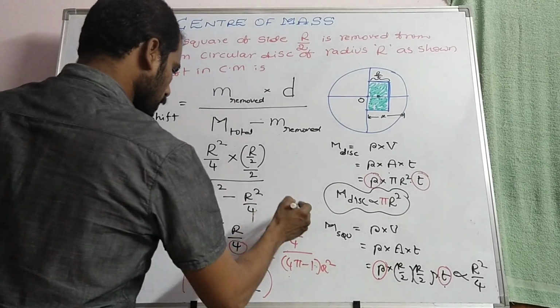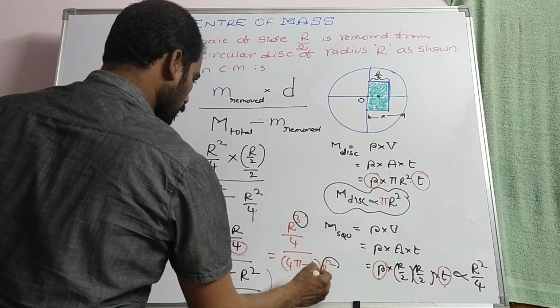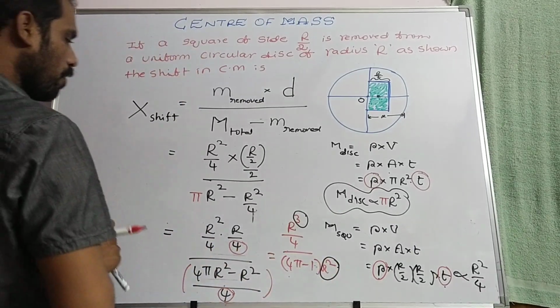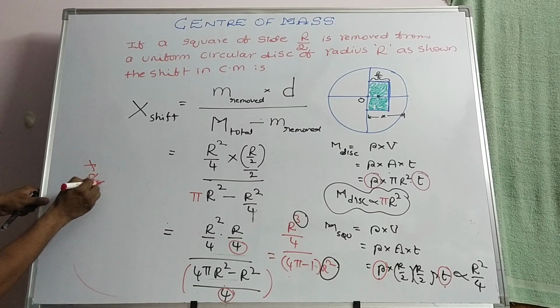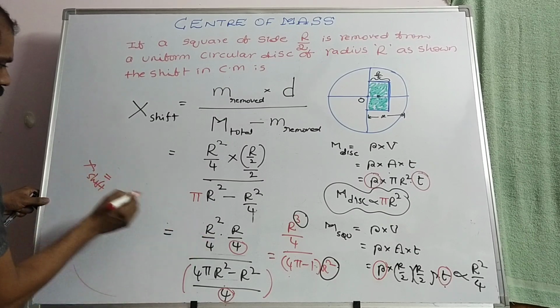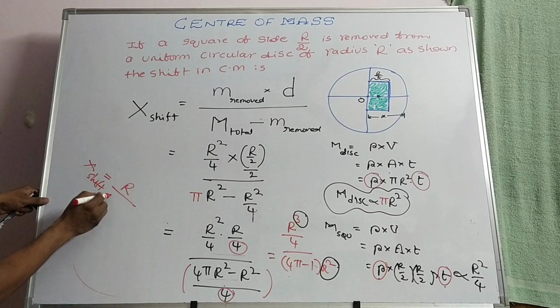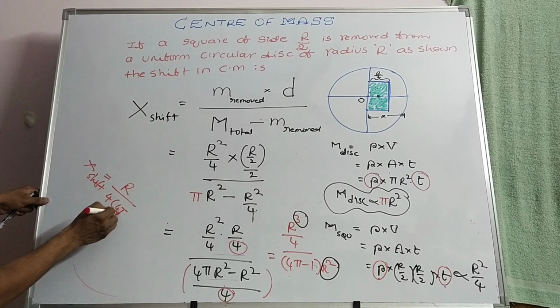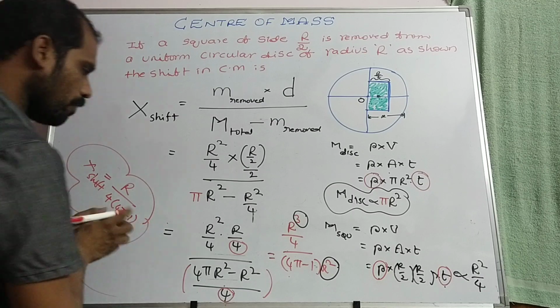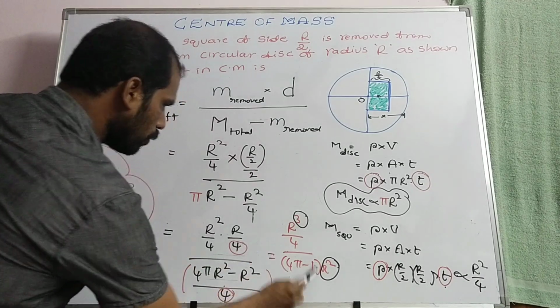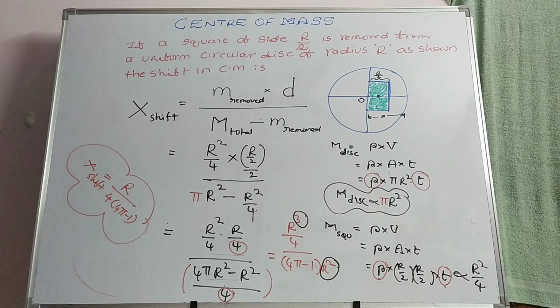Here r cube and r square get cancelled. So the final answer expression will be x shift is equal to r by 4 into 4 pi minus 1.